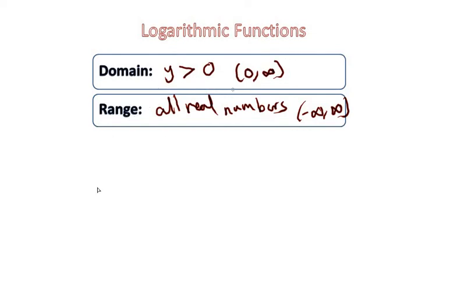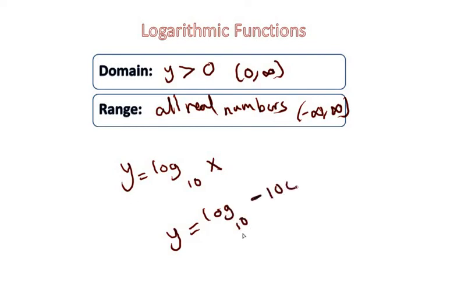Let's prove this with numbers. Y equals log base 10 of x. The domain is the x values and the range is the y values. Can we substitute a negative value here? For example, can I say y equals log base 10 of negative 100? 10 to the power of any y could not be negative 100 because any exponential function does not give a negative answer.